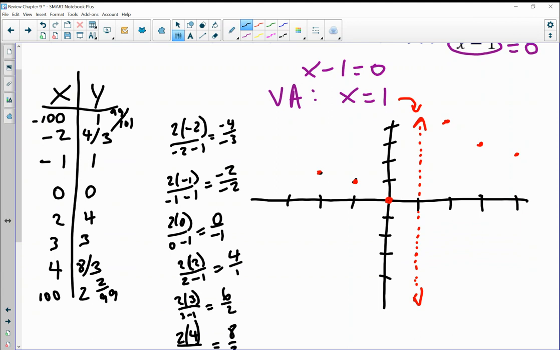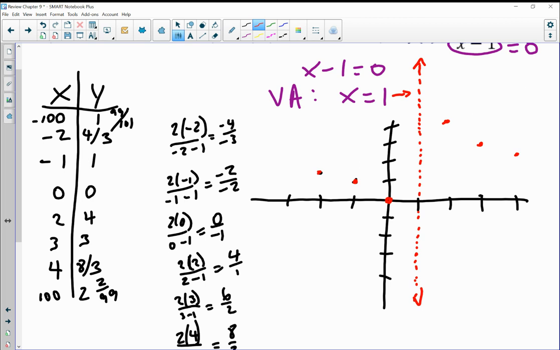Okay, so we kind of see what's going on. In fact, I'll stretch this vertical asymptote a little bit more. Okay, so in the big picture of things, on the negative side of x, we're approaching 2, but from the underside of 2. Notice it's not quite 2, it's close to 2, but from the bottom.